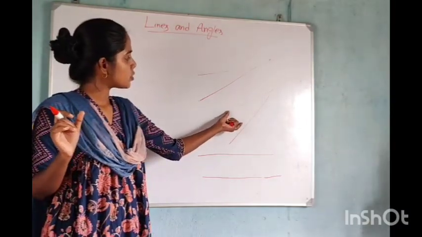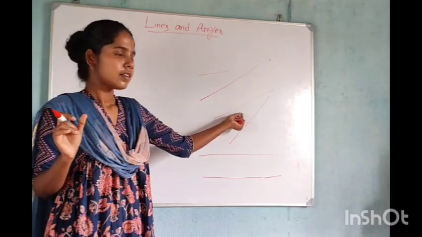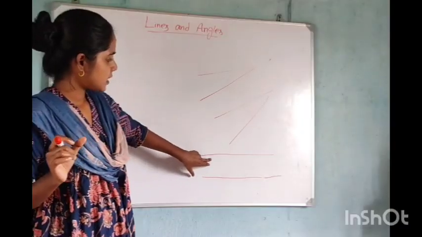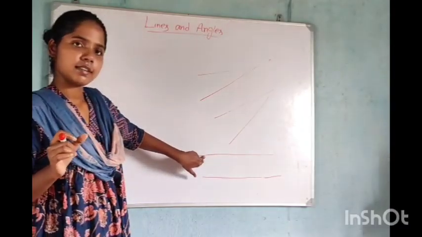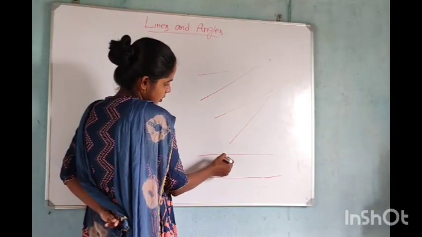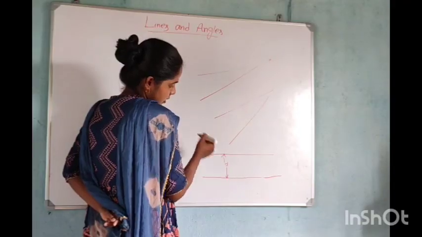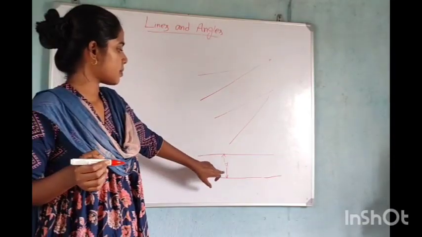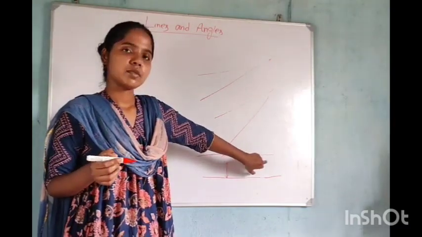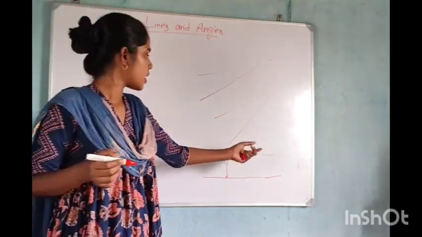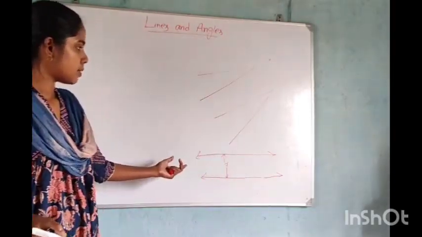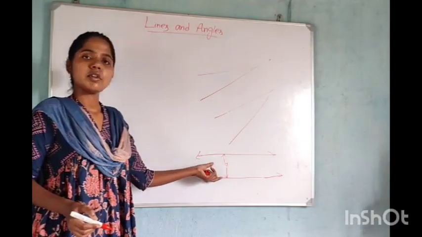Either the distance between them is always changing, or in this case, I have drawn these two parallel lines. Parallel lines means basically the distance between them, say d, is always the same throughout this whole figure, because in both directions it goes endlessly, and for an endless path the distance between them will always be the same.